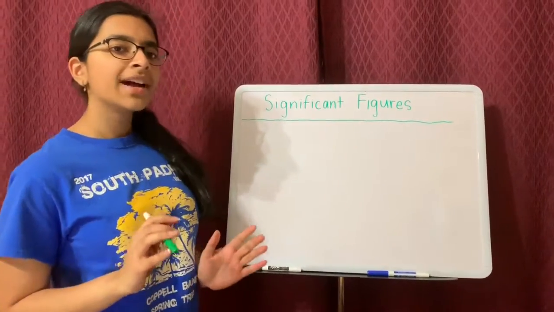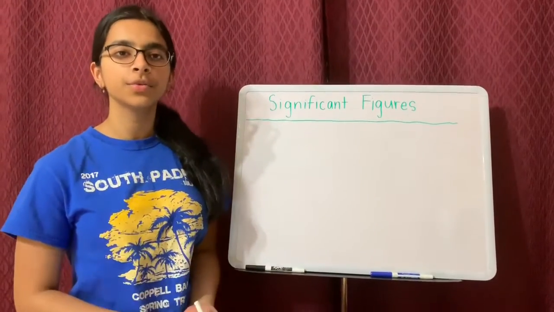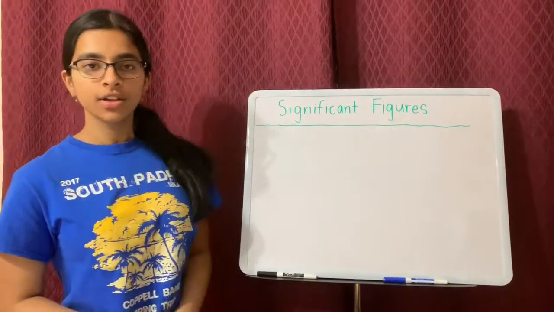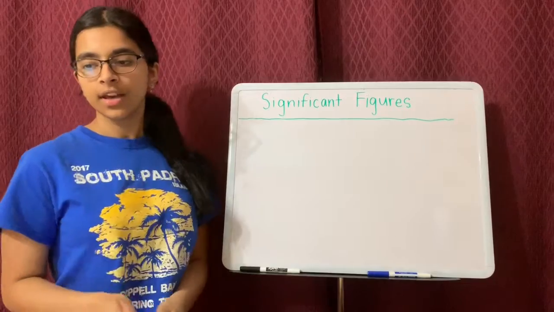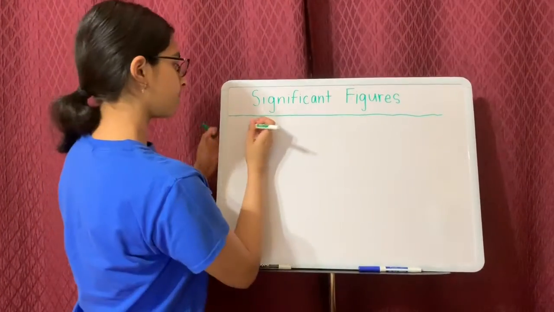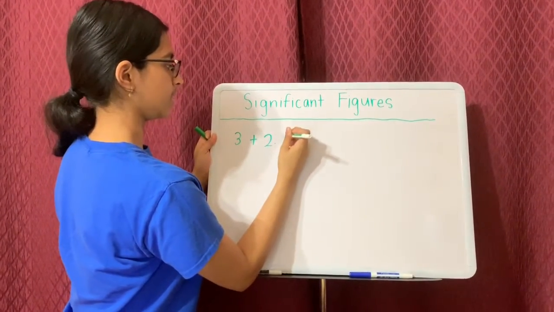Now that we know how to find the number of Sig Figs in an individual number, let's think about how to do some arithmetic operations with Sig Figs. For addition and subtraction, we have one set of rules. Let's look at an example problem. What if we are adding 3 plus 2.6?